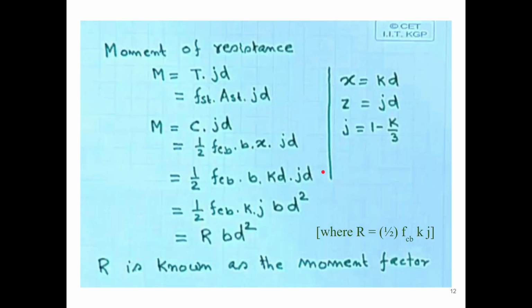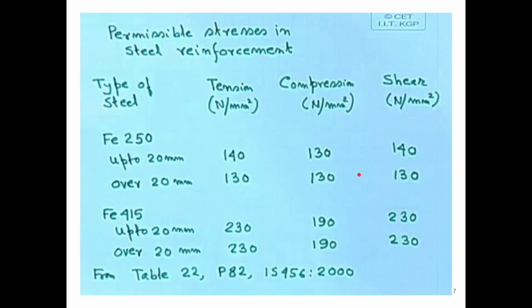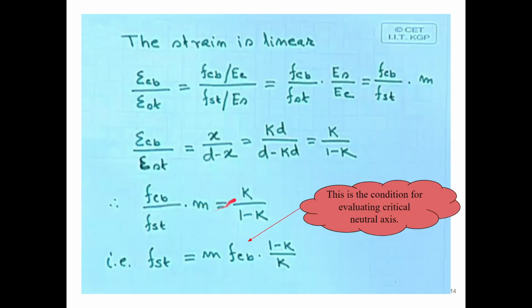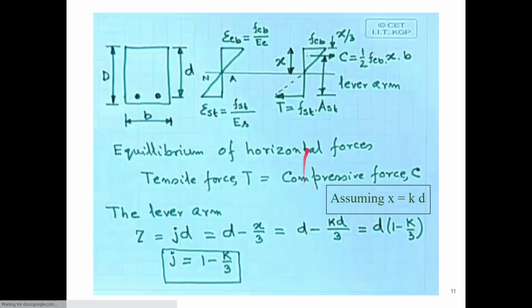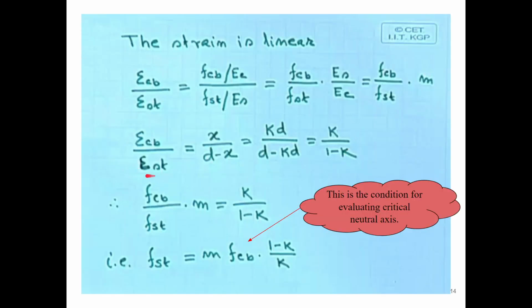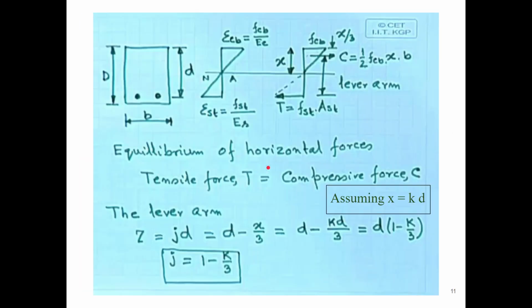Also using the property of similar triangles. So this is epsilon cb, this is epsilon st, and this is x, and this complete is d. So using the property of similar triangles, we see epsilon cb by epsilon st is basically x by d minus x.